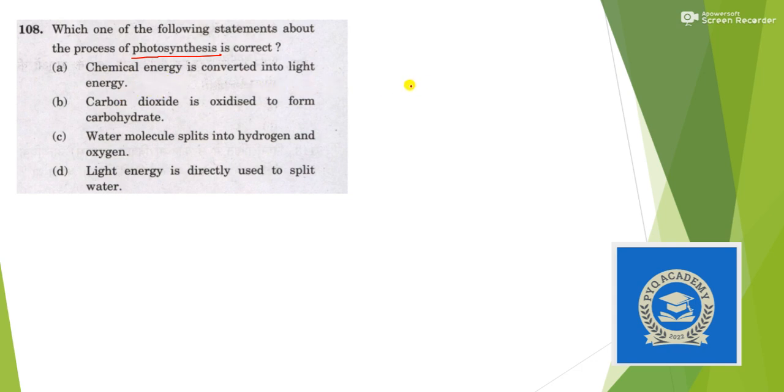CO2 in contact with sunlight and chlorophyll gets converted into C6H12O6 plus release of oxygen. Here the light energy is converted into chemical energy, not chemical energy into light energy. So this option is wrong.